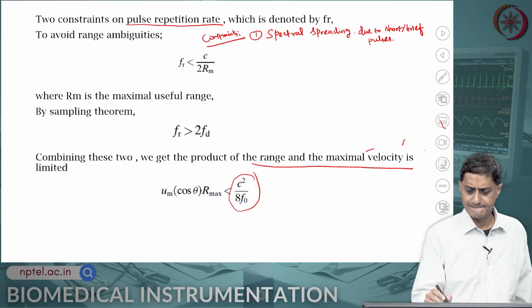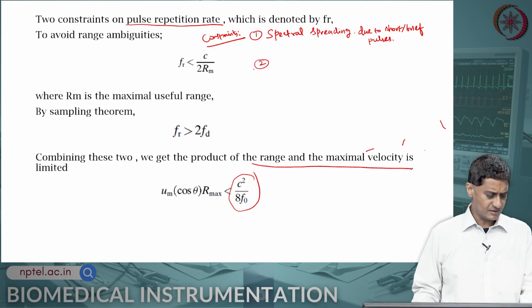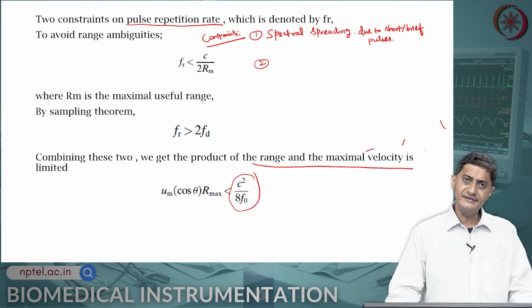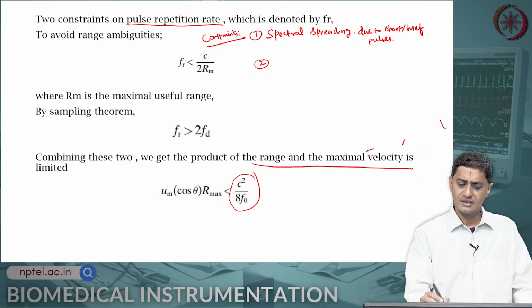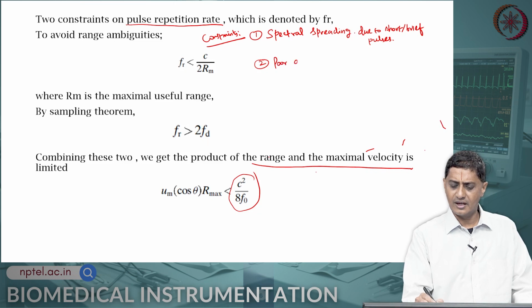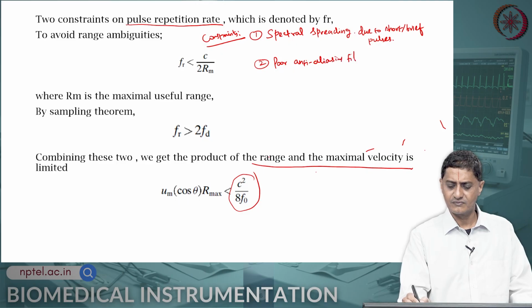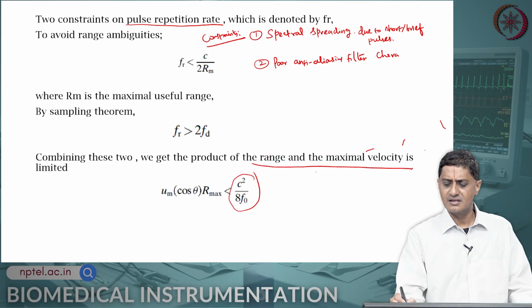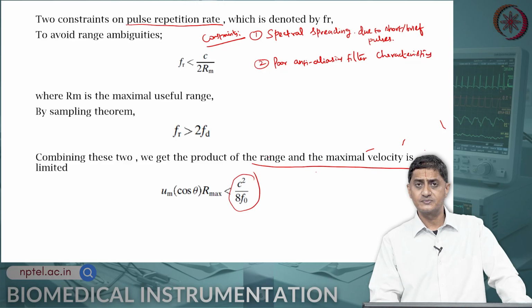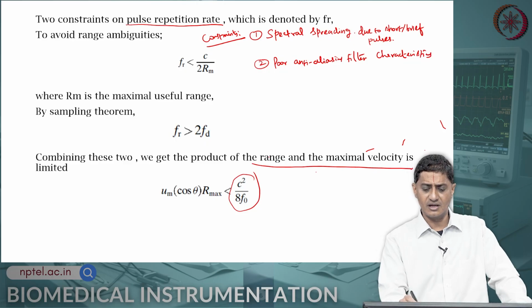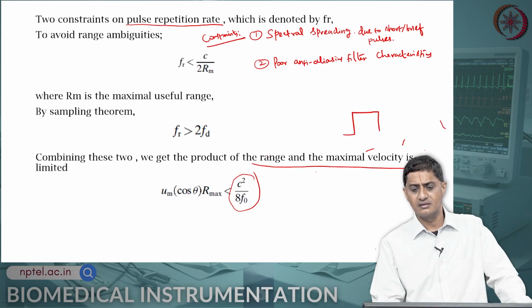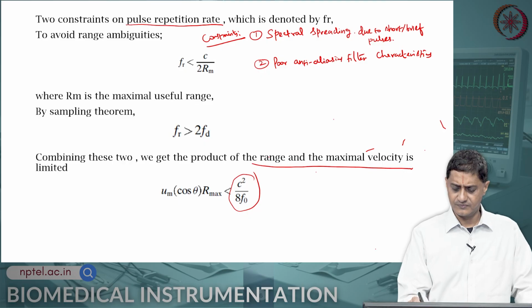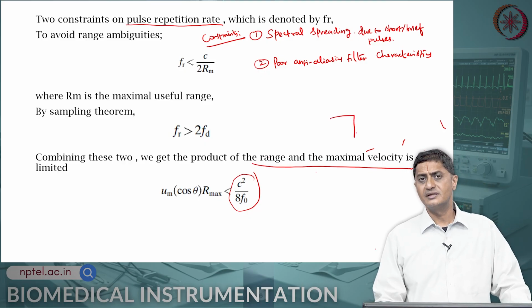What else? Anything else that we can think of? The other is relatively poor anti-aliasing filter characteristics. That is, you cannot have a sudden cutoff frequency in the low pass filters that you use. You cannot have filter characteristics that approach the ideal filter characteristics.